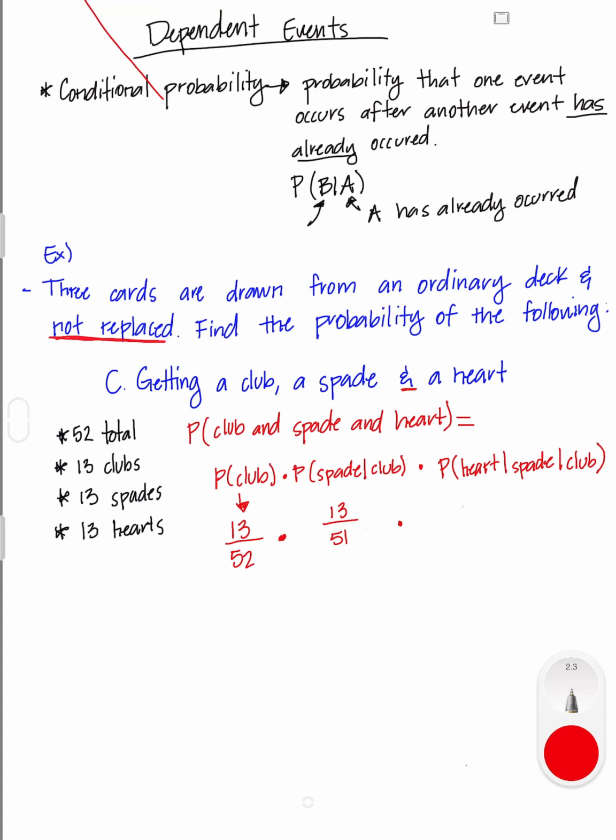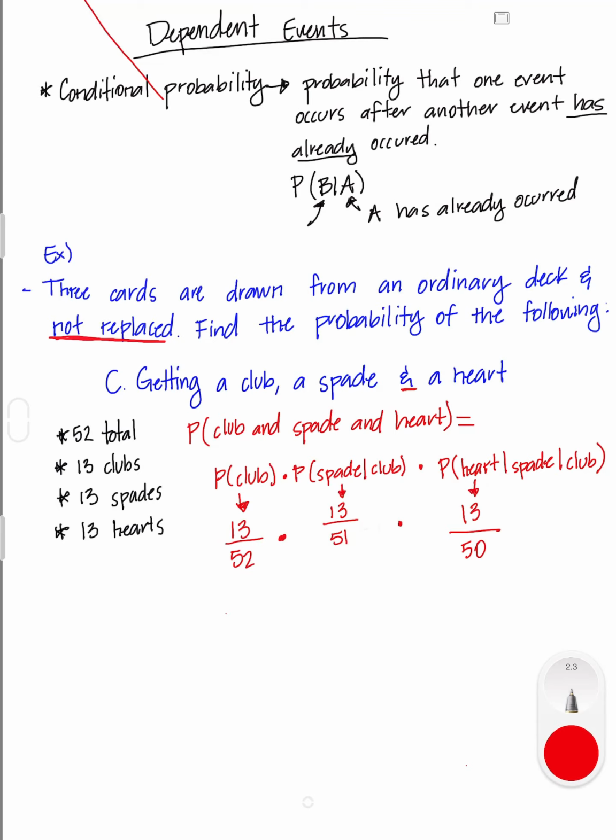And then times the probability of a heart, right? Given that we had already chosen a spade and a club, so we have 13 hearts still in the deck. However, we only have 50 cards in total, right there. So these are the 3 probabilities that we are going to be using and multiplying.